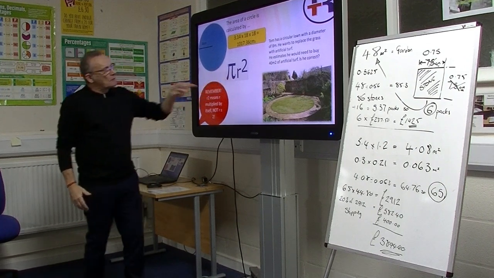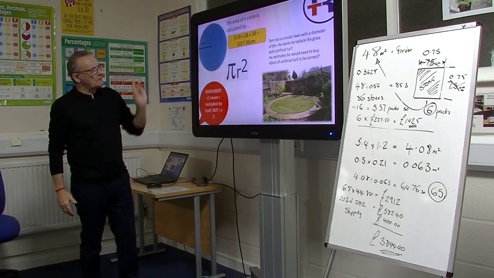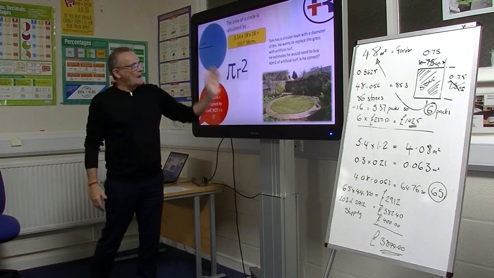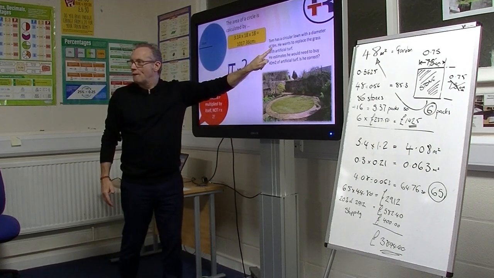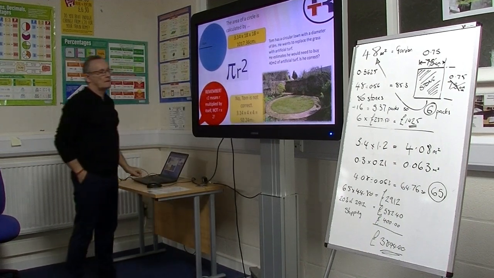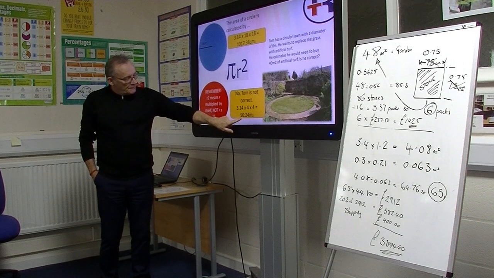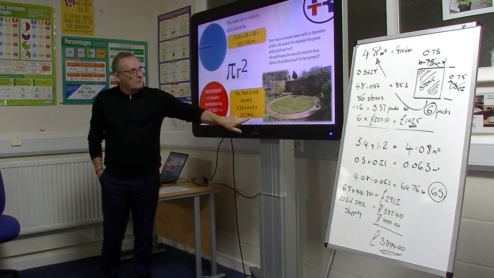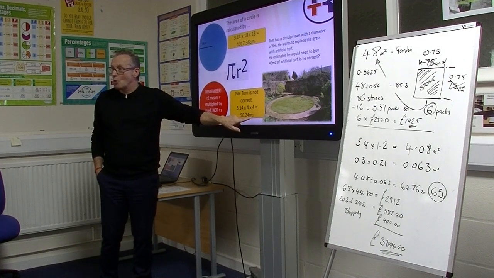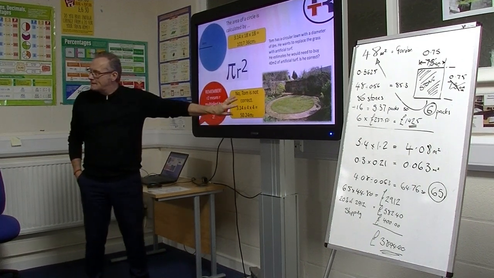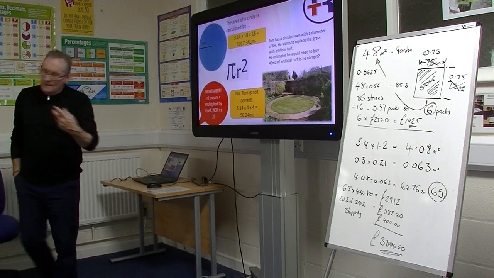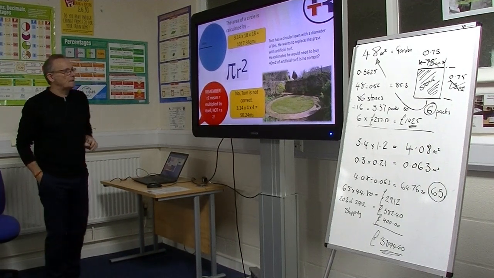So what's our formula going to be then? It's going to be 3.14 times 4 times 4, which is 50.24 square metres. So no, it's not correct. He needs to buy some more. Does that make sense? Yeah. Important to remember these tiny little things.